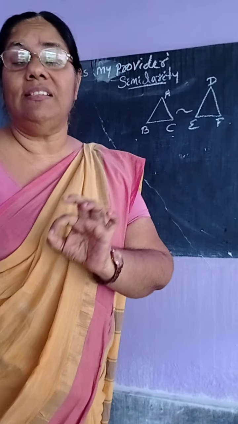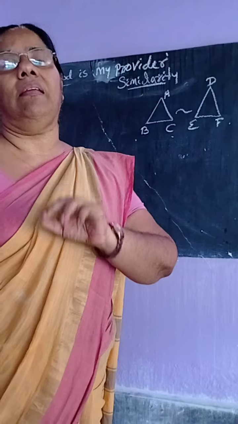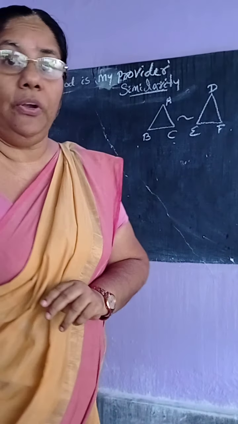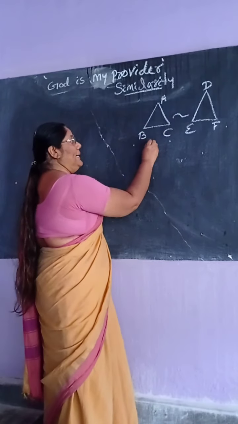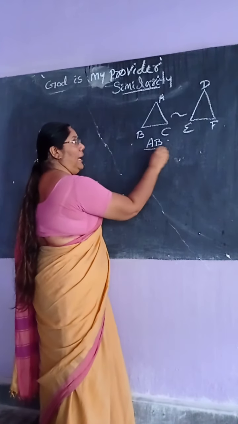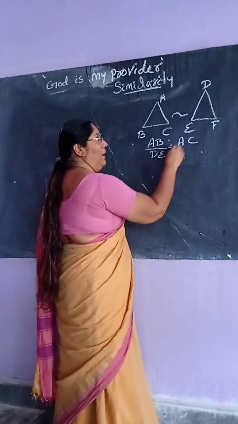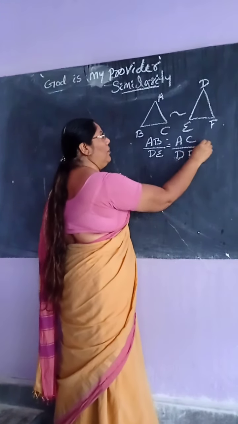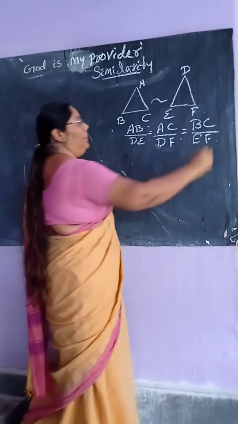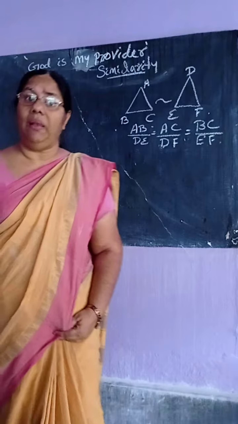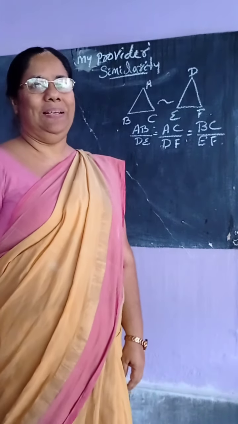If two triangles are similar, corresponding angles are equal and corresponding sides are proportional. Here what are the sides? AB by DE is equal to AC by DF is equal to BC by EF. If two triangles are similar, then corresponding sides are proportional.